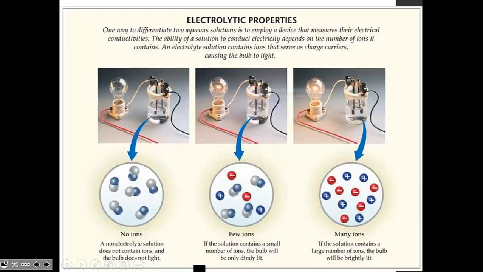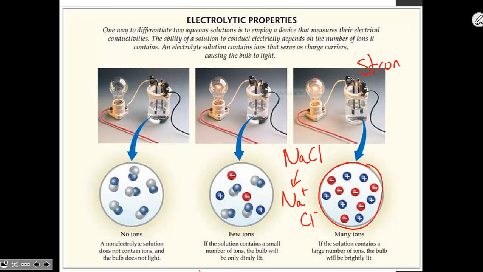If you place a salt in water and it produces lots of ions, so for example sodium chloride, sodium and chloride don't have as strong an attraction for one another as they do for the water, so every single sodium chloride becomes sodium ions and chloride ions, producing massive amounts of ions in solution and therefore are a strong conductor of electricity. So we call these strong electrolytes. They can conduct electricity very well.